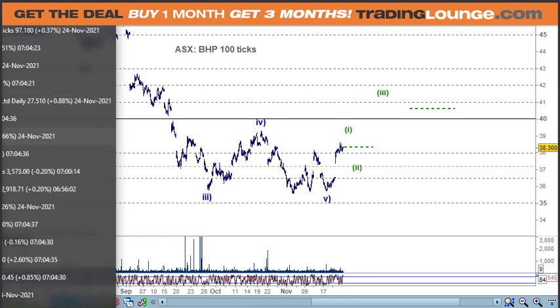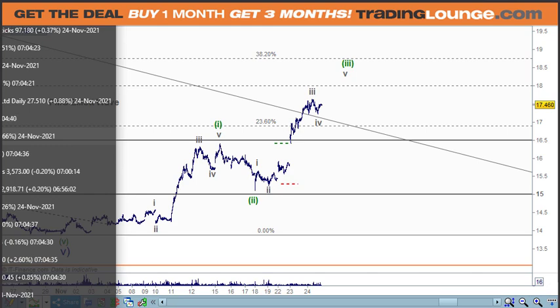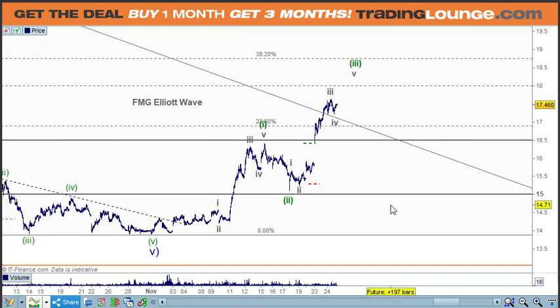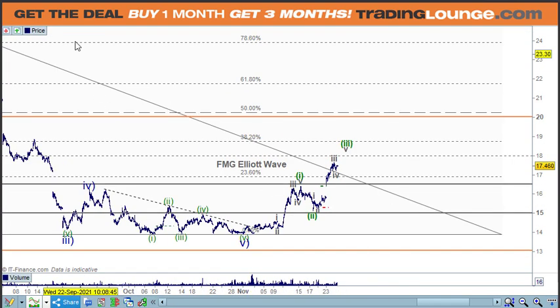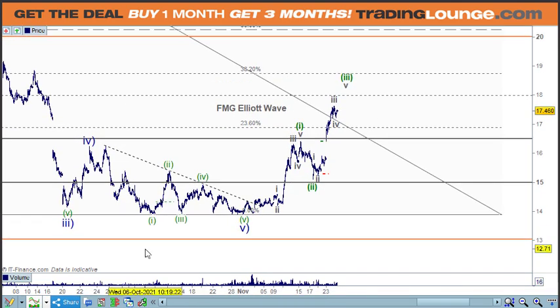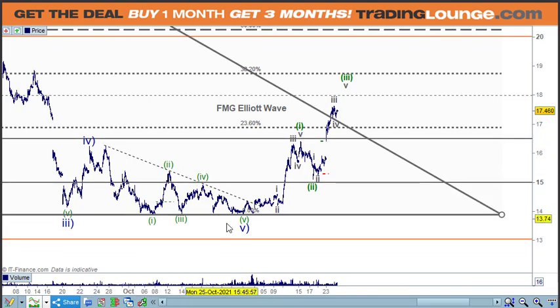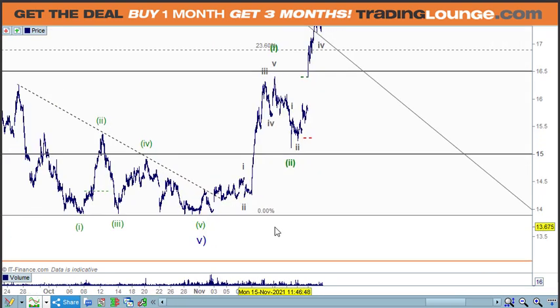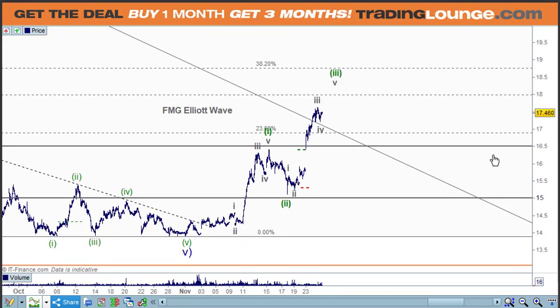The other one, of course, is Fortescue. This is just on 100 ticks here. We talked about this low here and starting to count this up here. I don't know if I've got the right count just yet, but I'm okay with 1 and 2 here and 3 and 4 and 5 for 1.